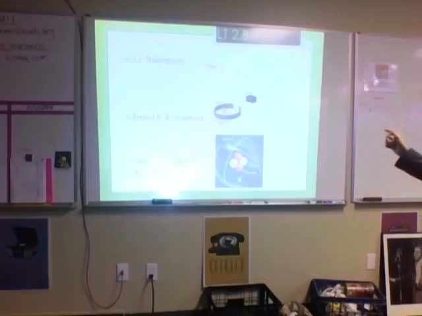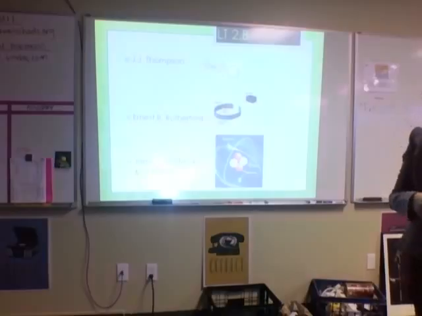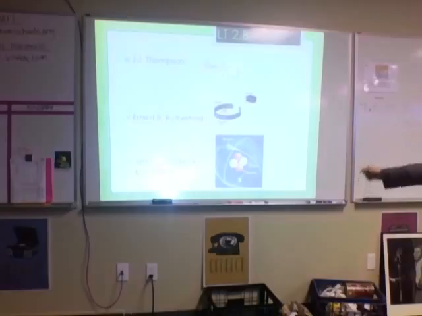Ernest Rutherford helped to develop the nucleus by firing alpha particles through a gold foil. 99% of them went through, but 1% bounced back, which indicated that 99% was able to pass through, while 1% was a dense center that wasn't able to go through the foil. And the properties of the nucleus were developed by both James Chadwick and J.J. Thomson.